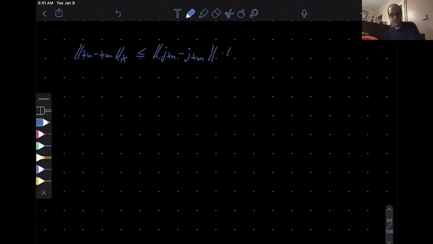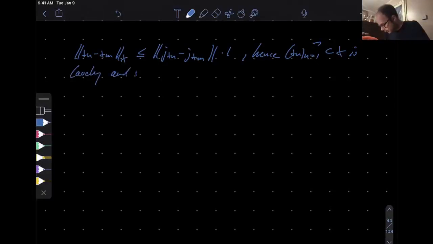Right? So you have this, but this shows then clearly, hence, that xn is Cauchy, as promised, and so since you're working in a Banach space, xn goes to some x infinity as n goes to infinity. Okay, so you got this limit, and that is enough now.